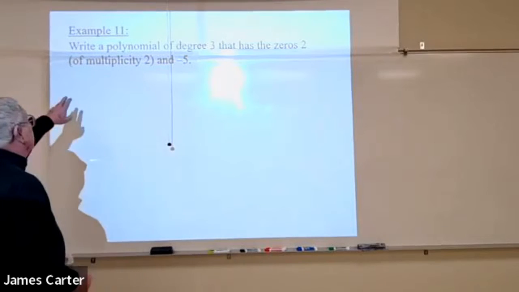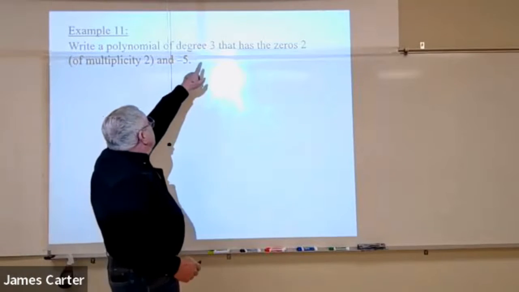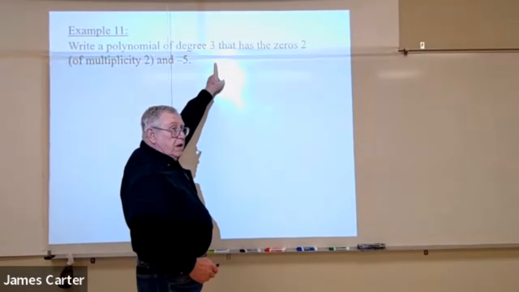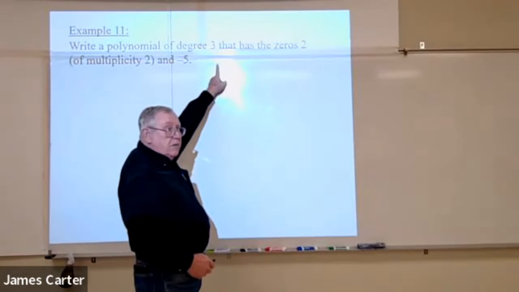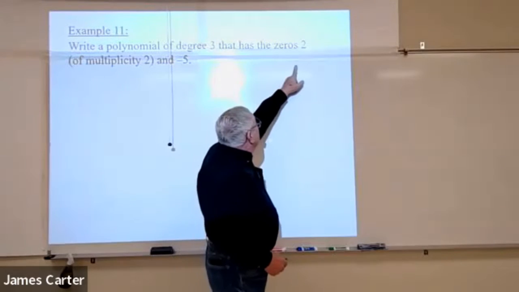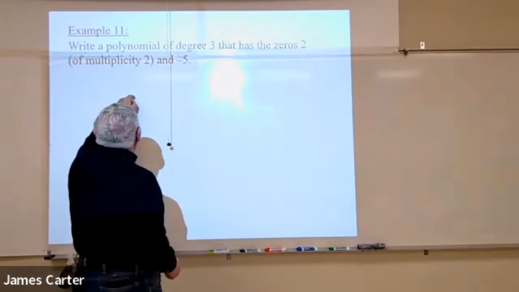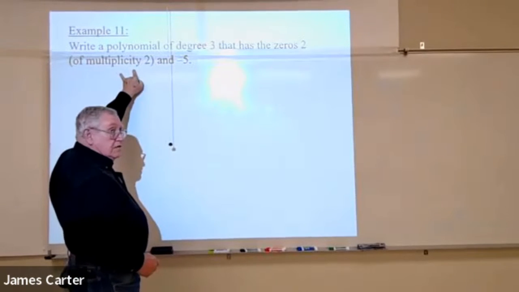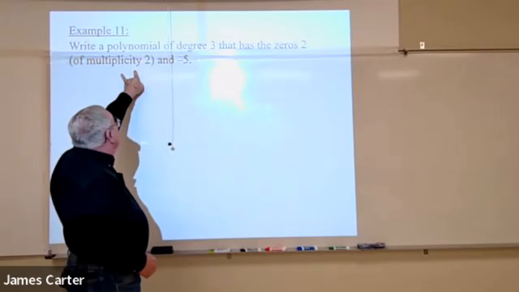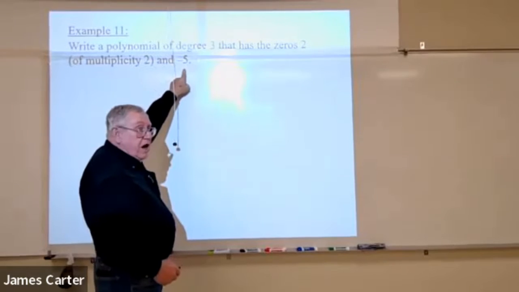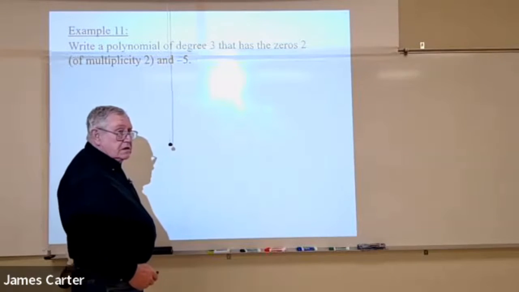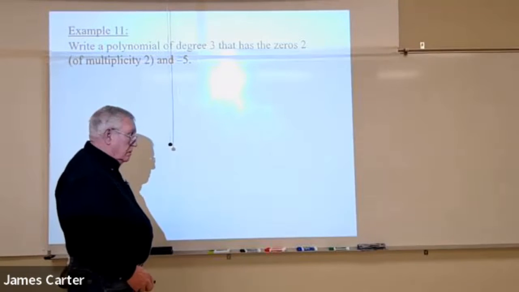All right, what we're doing here is they're telling you this is a third-degree polynomial. That means its leading term has to be a cube. And they're giving you 2 with a multiplicity of 2 and -5 as factors in it.